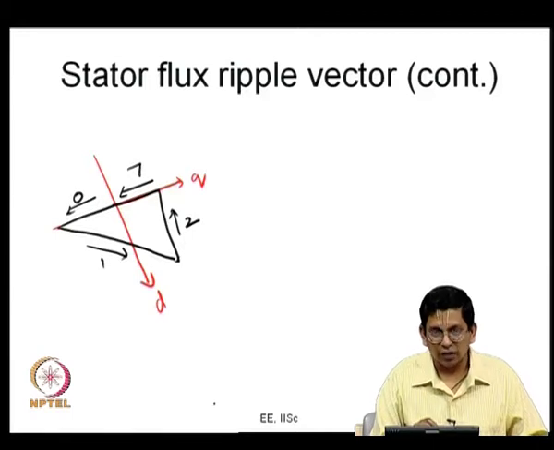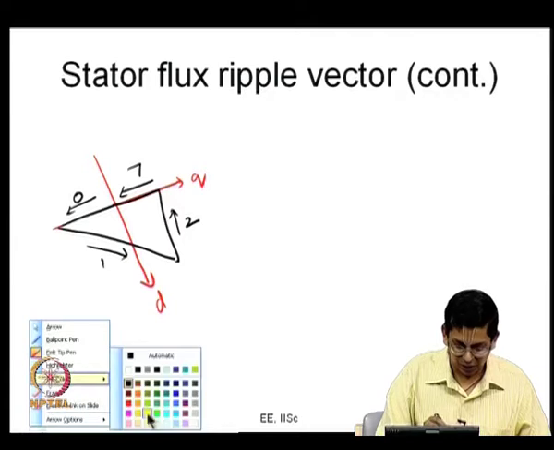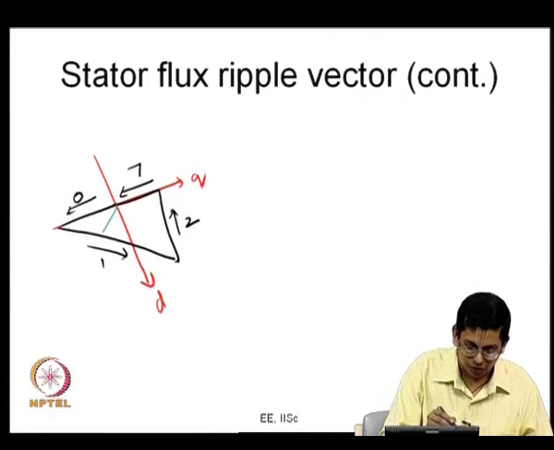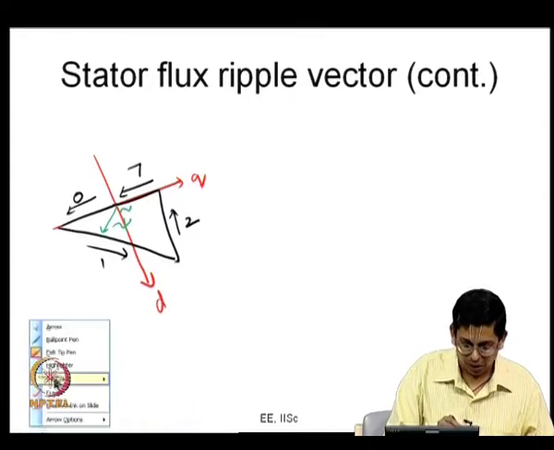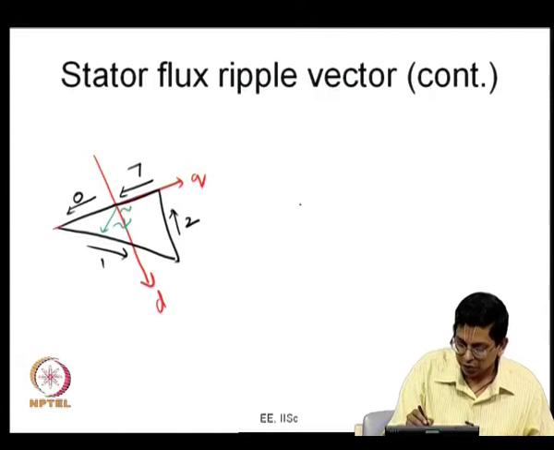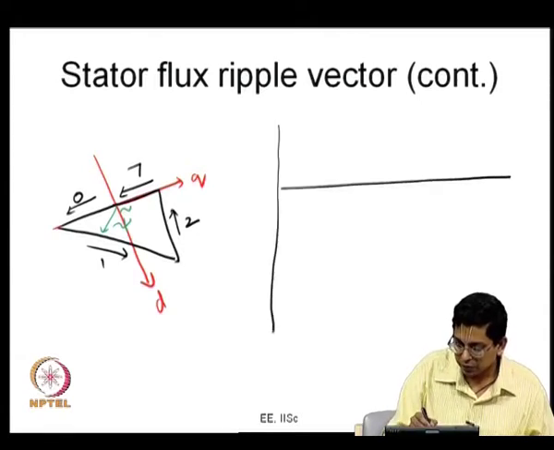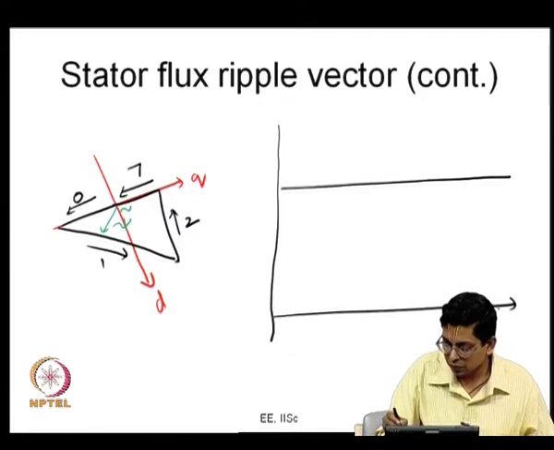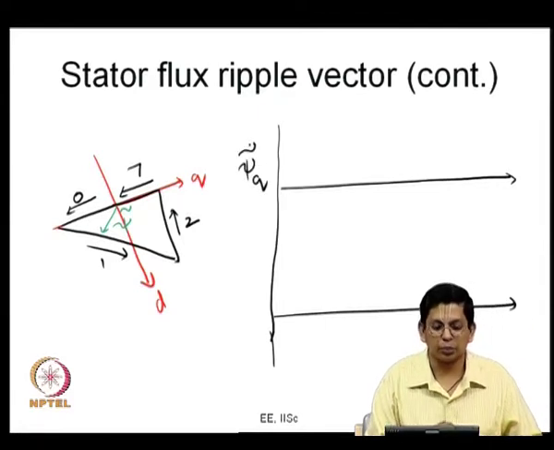So, you can resolve this vector into the d and q axis components. Let me once again write the psi tilde vector also. So, this is called the psi tilde vector. Okay. Let me draw the axis, this is let us say the time axis, and let us say this is my psi q tilde, the q axis component.